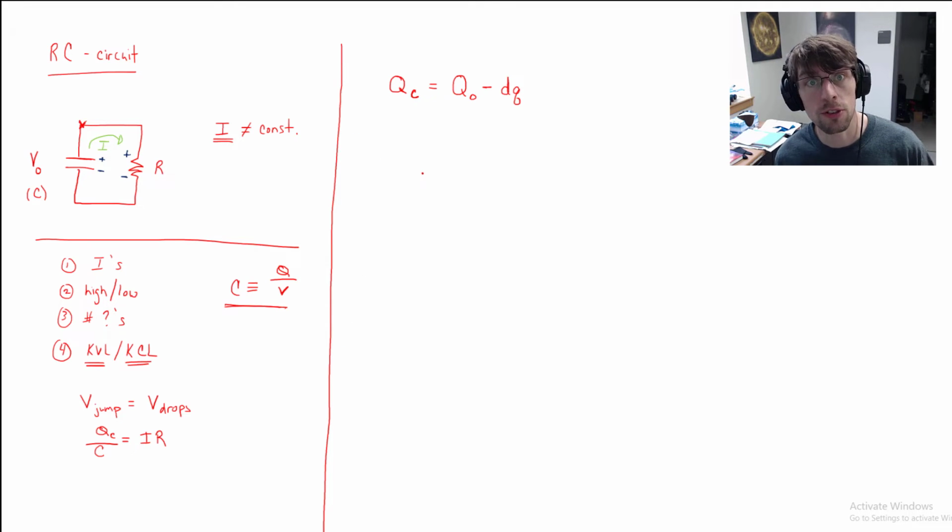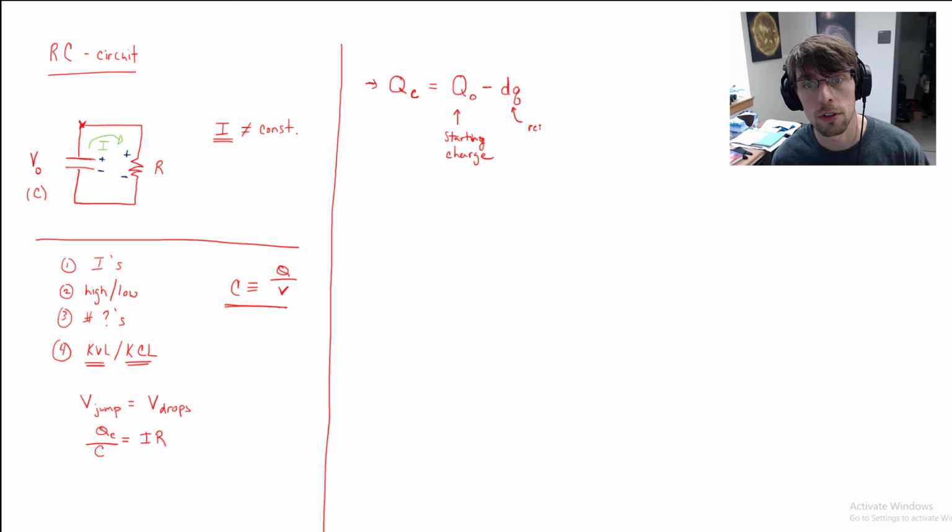So here's the next question for you. So I've put this in here. And please bear in mind, I should put this is the starting charge, and this is the charge that's been removed. In other words, this is the charge that has flowed through the circuit.